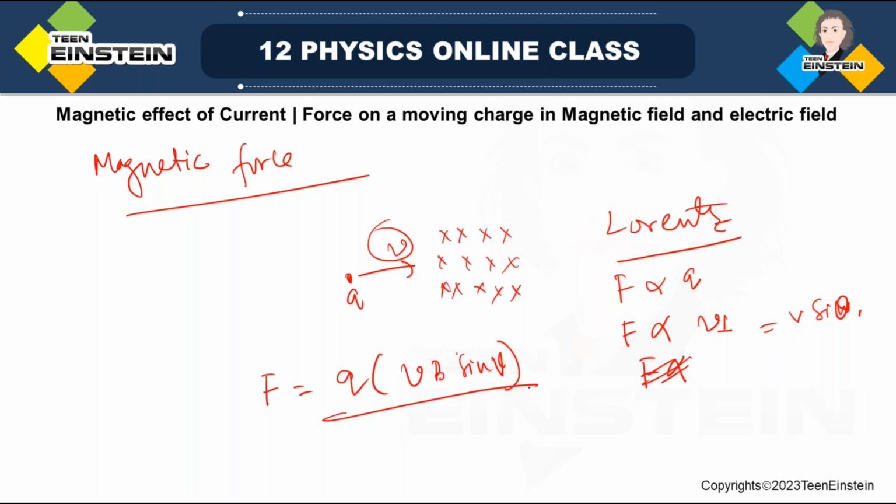This is the force experienced by such a particle, which is called the Lorentz force.